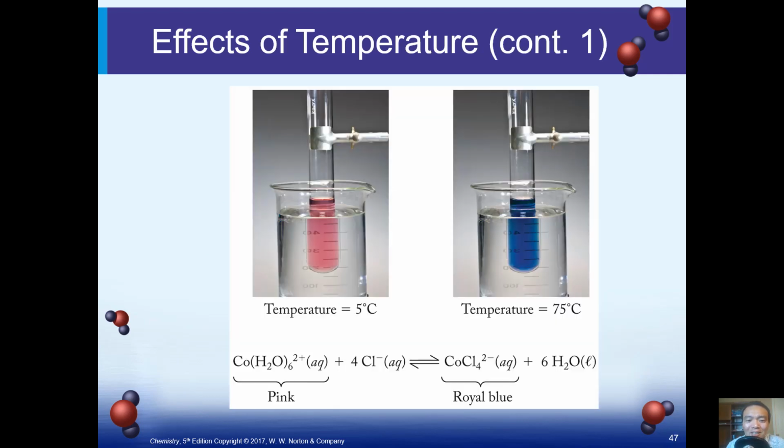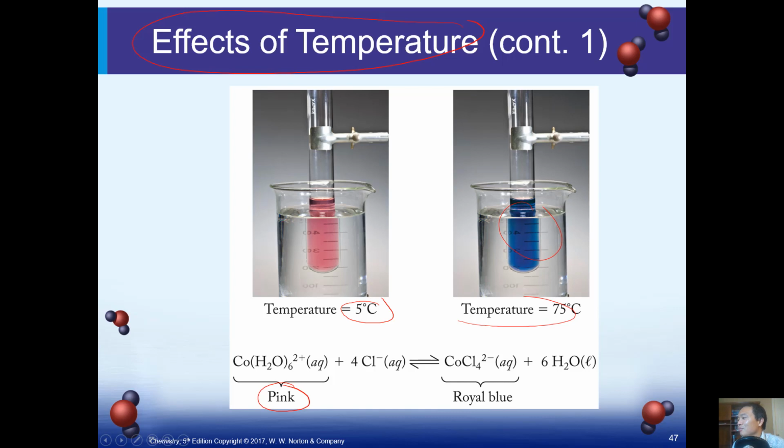The temperature effect for these reactions can actually be observed if the reactants and products carry different colors. As you can see in this example, for lower temperature, okay, it carries a pink color. Okay, all right. So higher temperature, it carries a blue color. Okay, why is that?